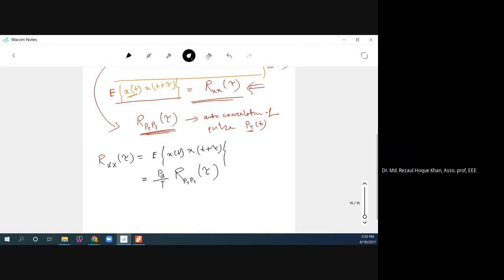So we can see the autocorrelation of the signal x is here. The autocorrelation of the signal depends on the autocorrelation of the pulse.